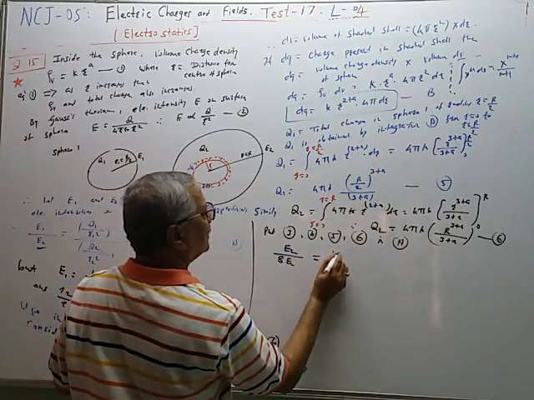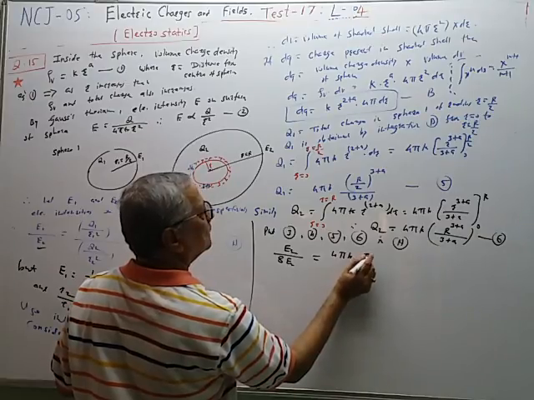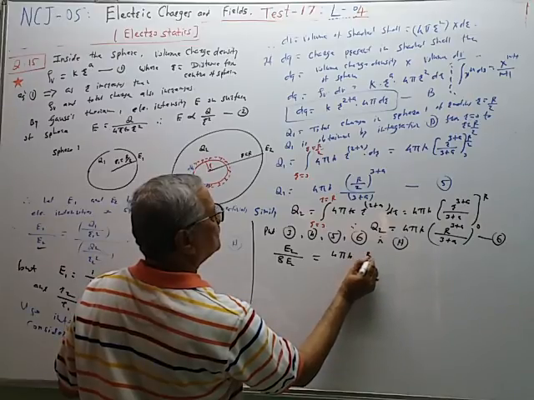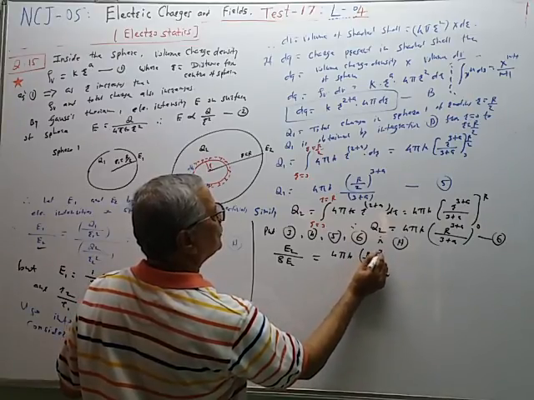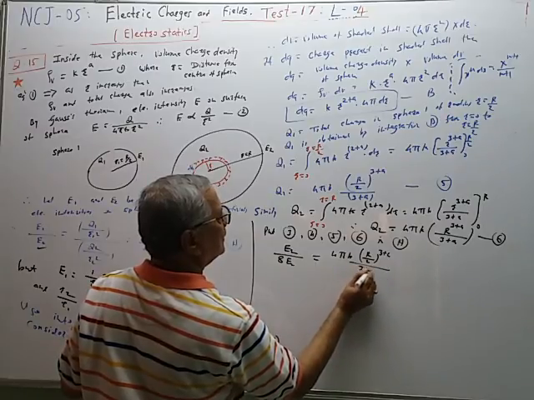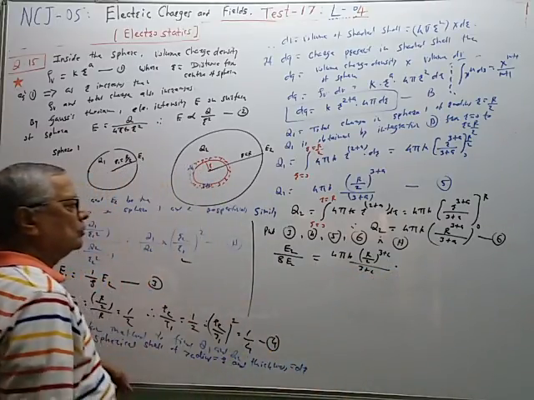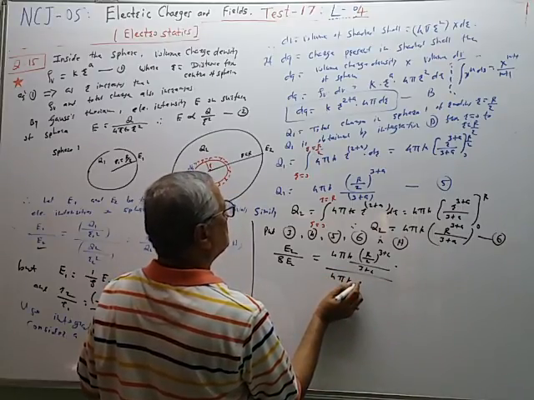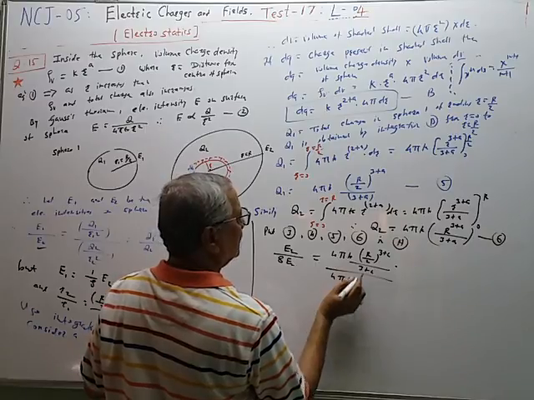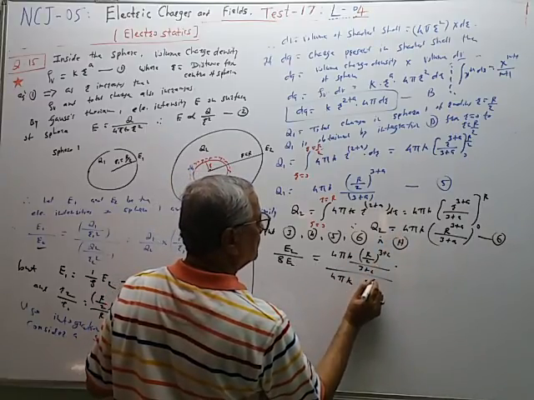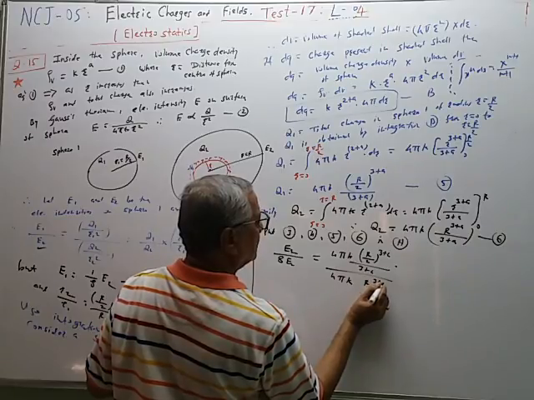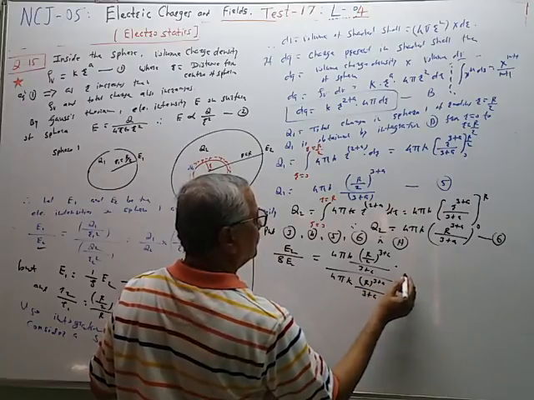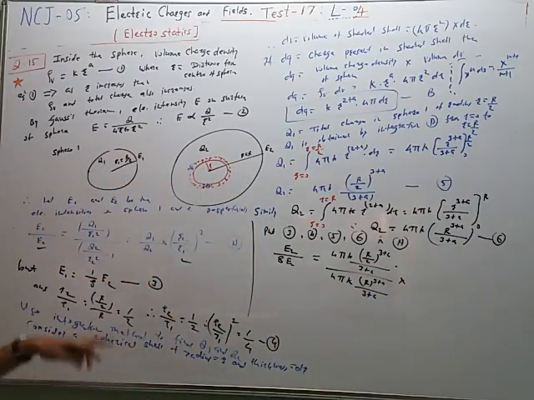Q1 is equal to 4 pi k, r by 2 raised to 3 plus a upon 3 plus a, divided by 4 pi k, then r raised to 3 plus a upon 3 plus a, multiplied by R2 upon R1.